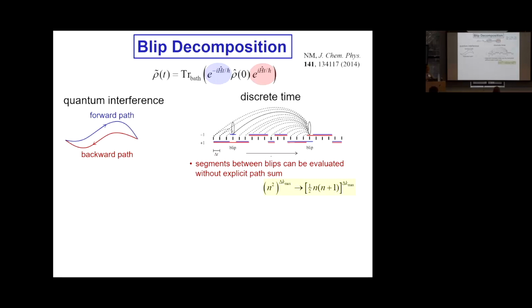So when you do the full calculation, you analyze what you have here, it turns the scaling, the number of operations, from n to the 2 delta k max to this number, to the k max power. And what you see here is the n squared turns to n squared over 2.